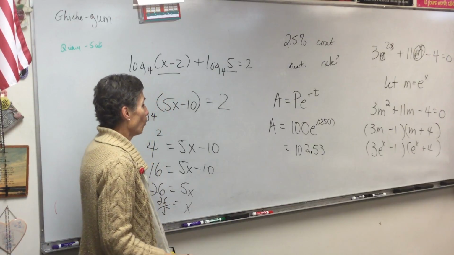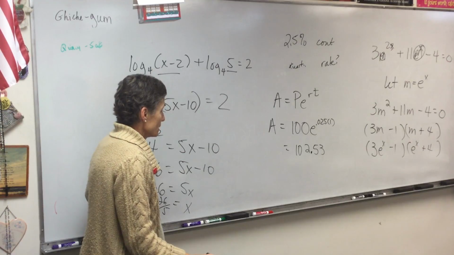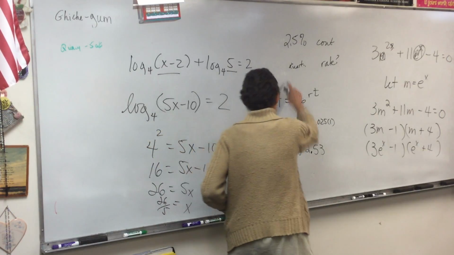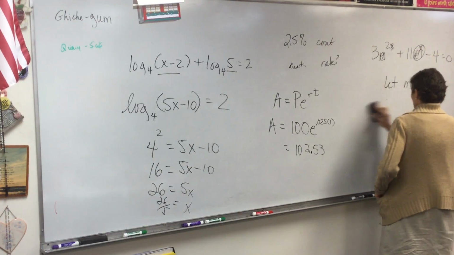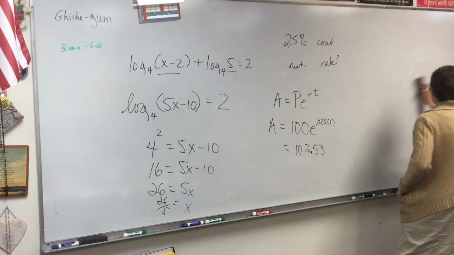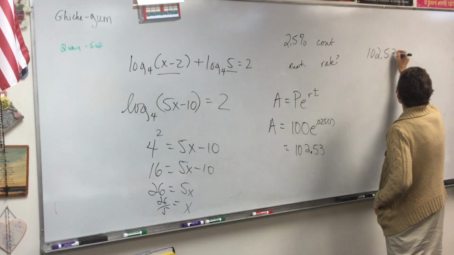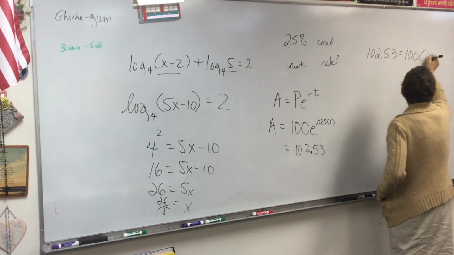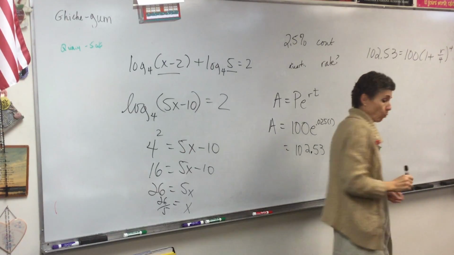Now what interest rate would be necessary if I were going to compound quarterly? Everything is staying the same. I have to end up with exactly the same amount of money, starting with the same amount of money, but now I am compounding quarterly.